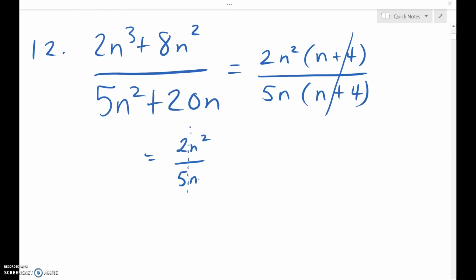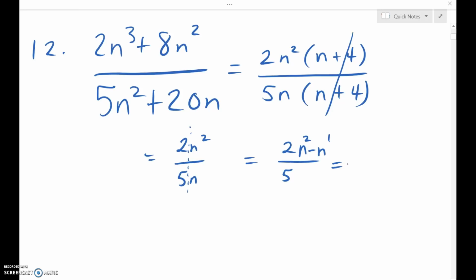My 2 and my 5, I try to reduce those like I've been reducing fractions for a long time. Unfortunately, 2 and 5 won't reduce, so that's going to still be part of my final expression. But n squared and n, they will simplify. When we divide like bases, we subtract their exponents.